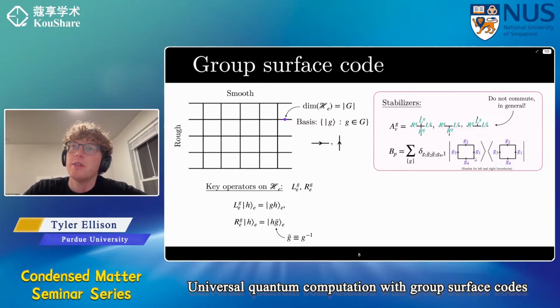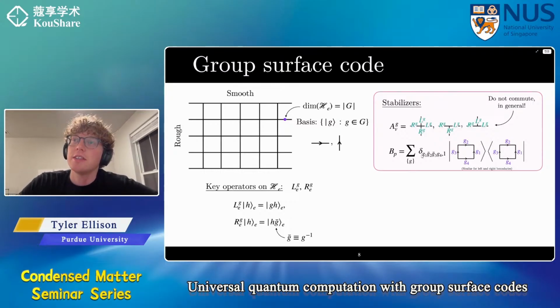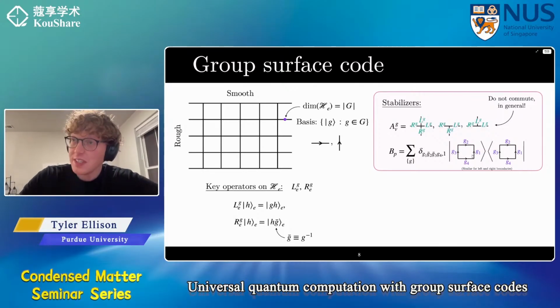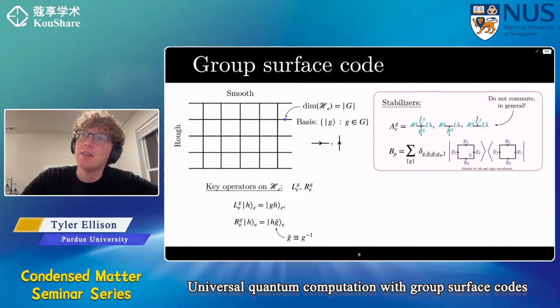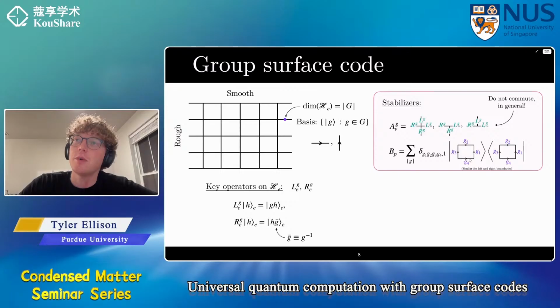So here, this checks g1 times g2, but here it's g2 inverse, g3, it's opposite. We'll go counterclockwise around the plaquette. If this counterclockwise path is aligned with the orientation, it's g. If it's anti-aligned, it's g inverse. So that's why it's g1, g2 bar, g3 bar, g4.